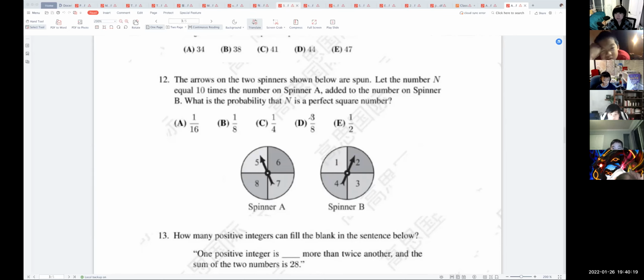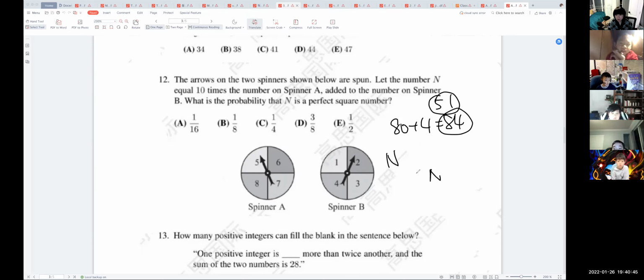好了，什么叫 perfect square number, everybody? Two numbers times together, 对不对？好了，我们来看看这个题目最大是多少？是不是80加4等于84啊？So first thing first, I'm going to list all the numbers which are perfect squares, smaller than 84 and bigger than 51, because n is bigger or equals to 51, smaller or equals to 84.